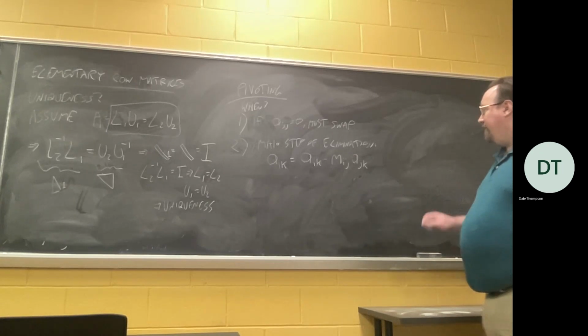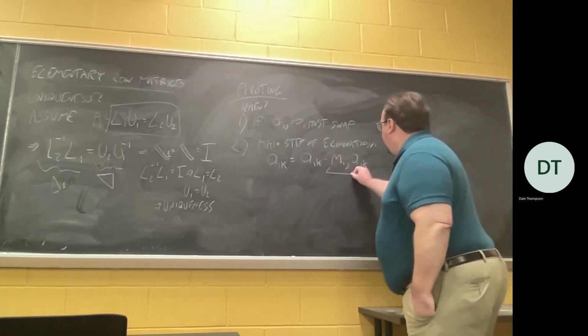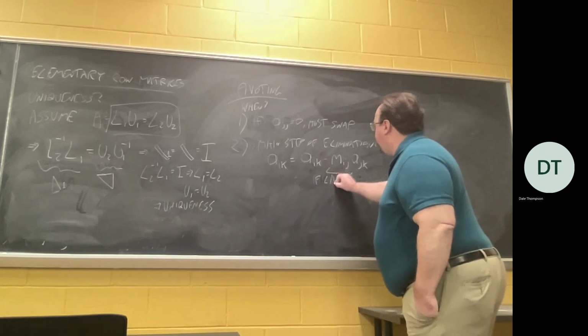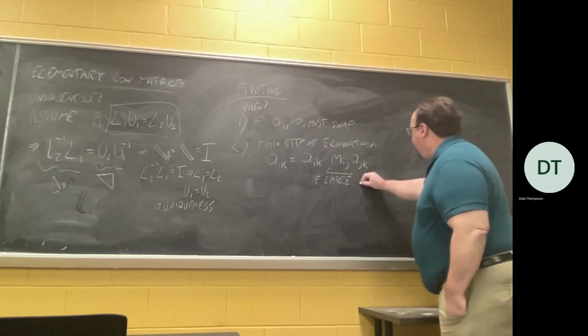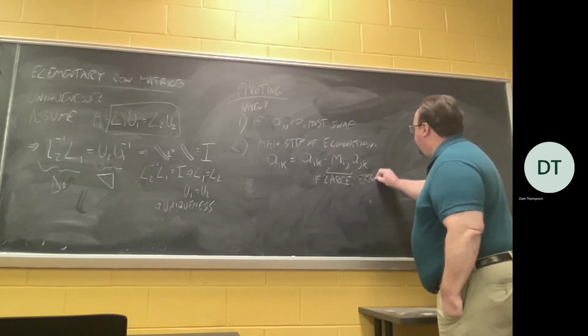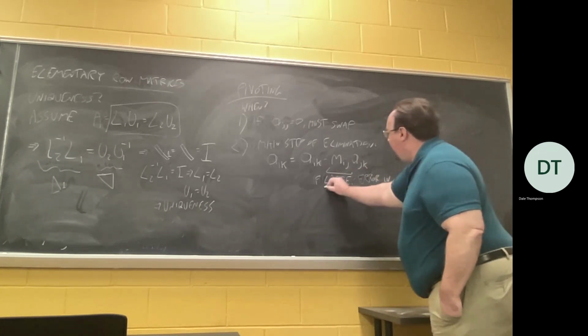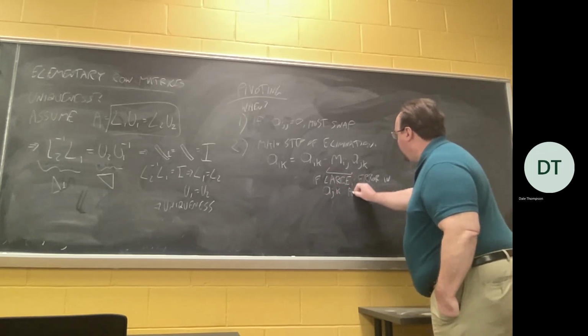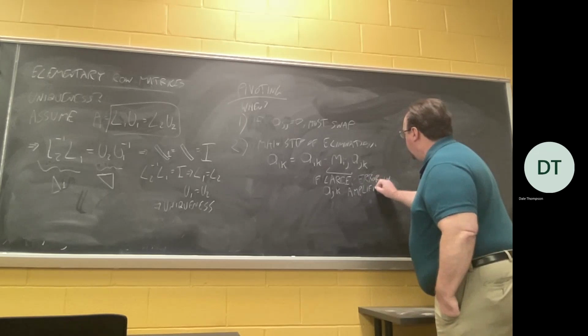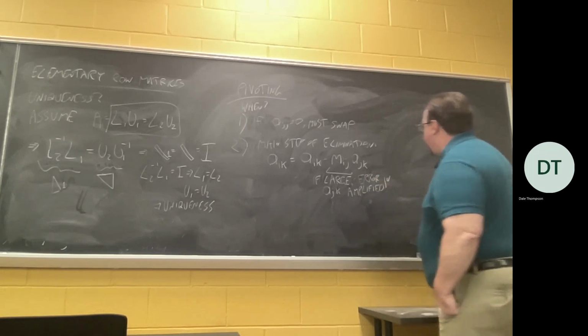So here's the problem. If this multiplier m_ij is large, then whatever error we have in this entry that's multiplying A_jk is amplified.